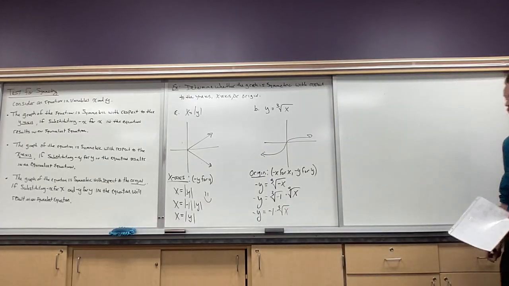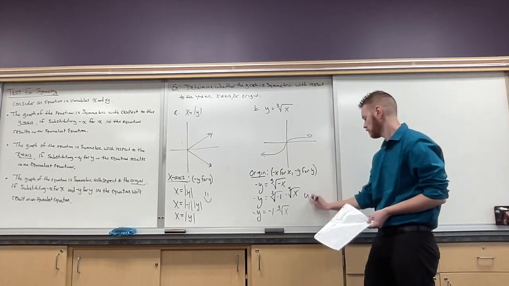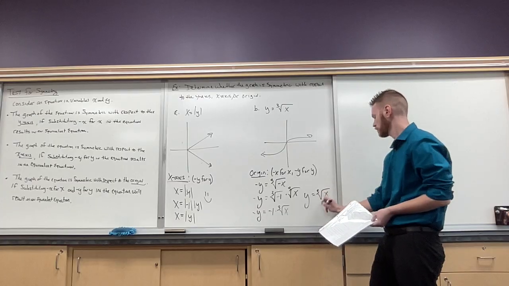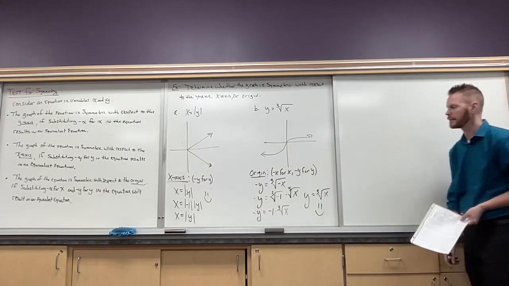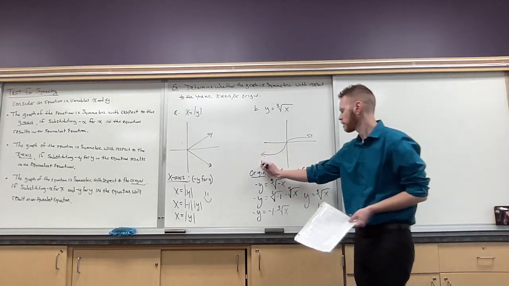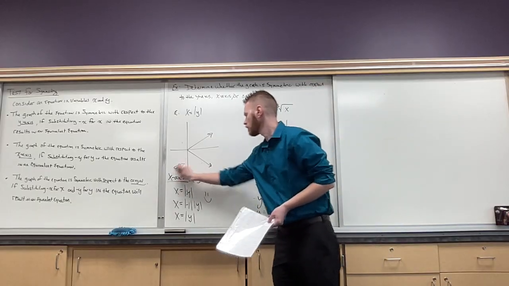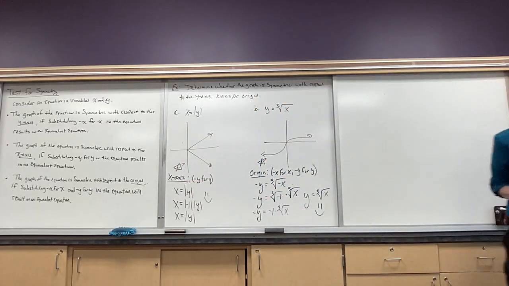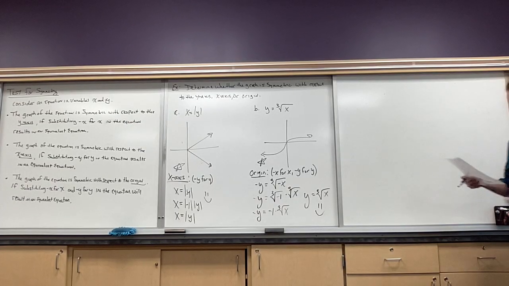And then I could divide a negative 1 to both sides, so we get y is equal to the cubic root of x. All right. So yeah, this has origin symmetry. Okay. So any questions of how to look at that graphically and then just algebraically? Not too bad, right?